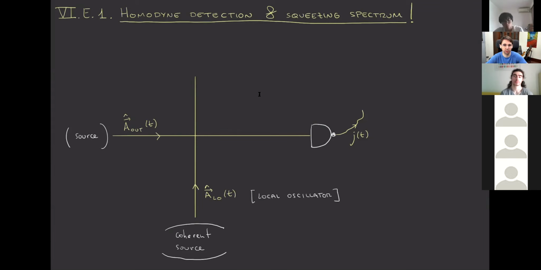So the output of our coherent source that we know very well, that is very well characterized, we will use as our reference, and we call it the local oscillator. We will represent it all the time with the label LO. So now what we do is something very simple. We just mix these two fields in a beam splitter. So we take here a beam splitter.